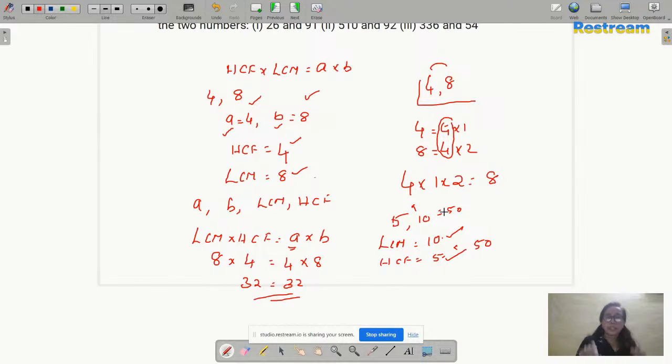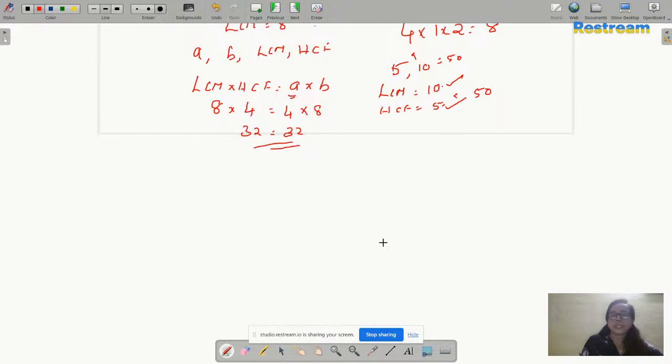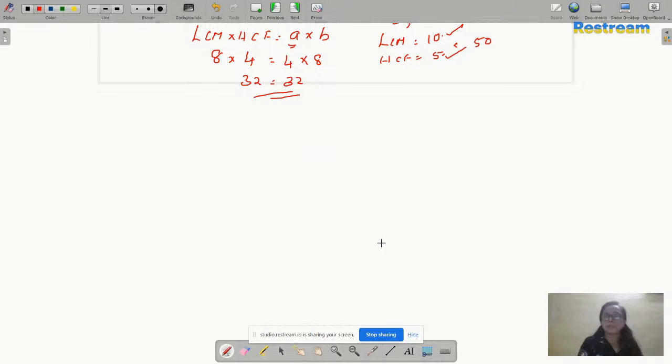Okay. So after this we can find out things if two numbers are given. I'll tell you one thing. We have to derive one more formula here. LCM into HCF is equal to the product of two numbers.